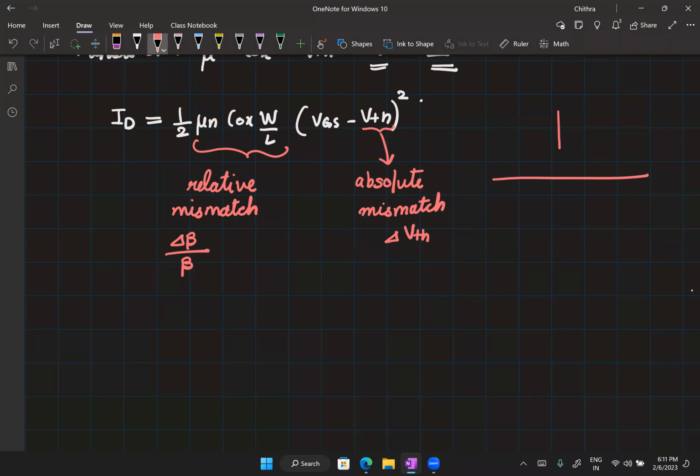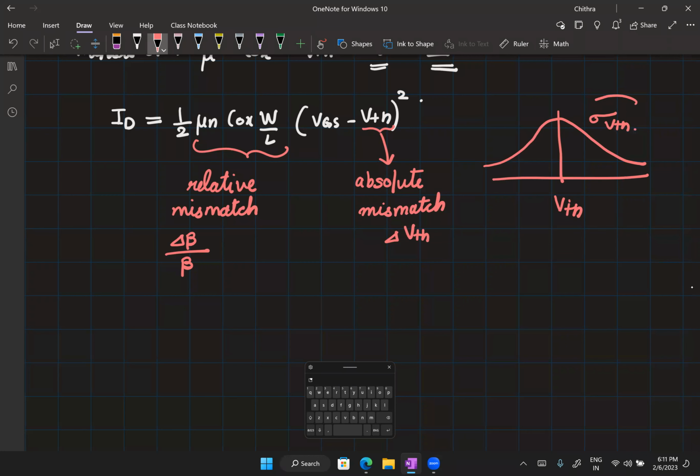So if I were looking at this VTH parameter, it will have some mean value and some sigma value. And we are interested in how much this standard deviation is, right? The mean is fixed by the process corner. If you say it is in the TT corner, we expect to see some mean VTH. But even on the die, it is going to vary around this mean, and that we quantify based on the sigma VTH. So you should be asking me a question now. Why are we dealing with beta in terms of relative mismatch and VTH in terms of absolute mismatch? Now, since you are not asking, I am asking you the question back.